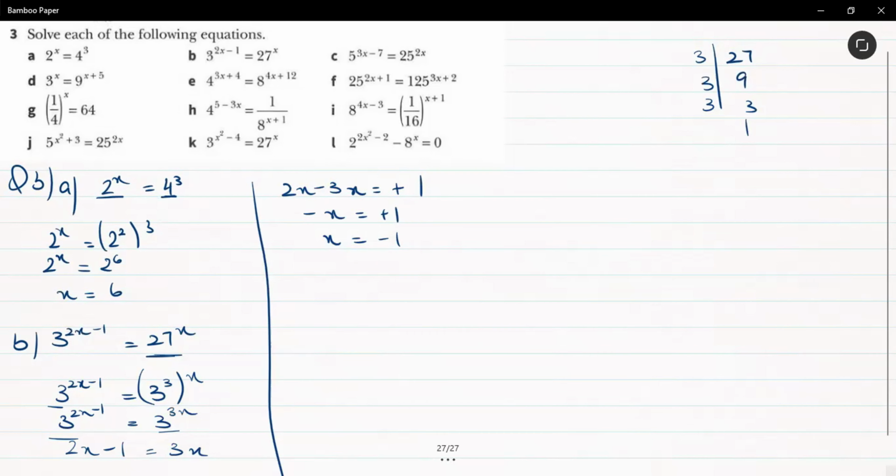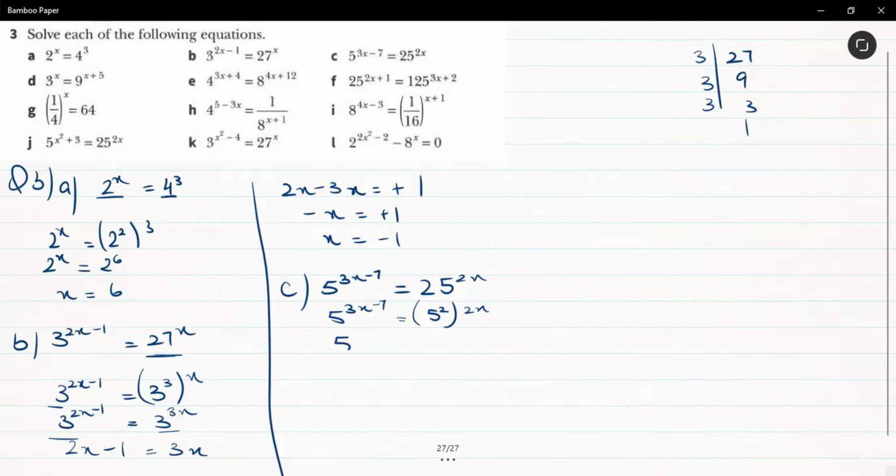Okay, for part C, 5 to the power 3x minus 7 is equal to 25 to the power 2x. Again, we know 25 is 5 squared. So 5 to the power 3x minus 7 is equal to 5 squared raised to the power 2x. These are repetitive, the same type of things repeated again and again.